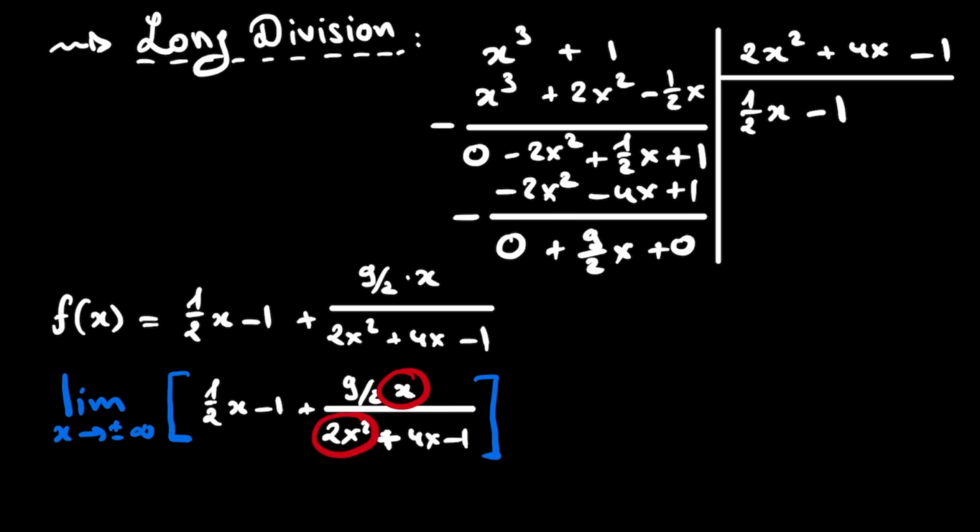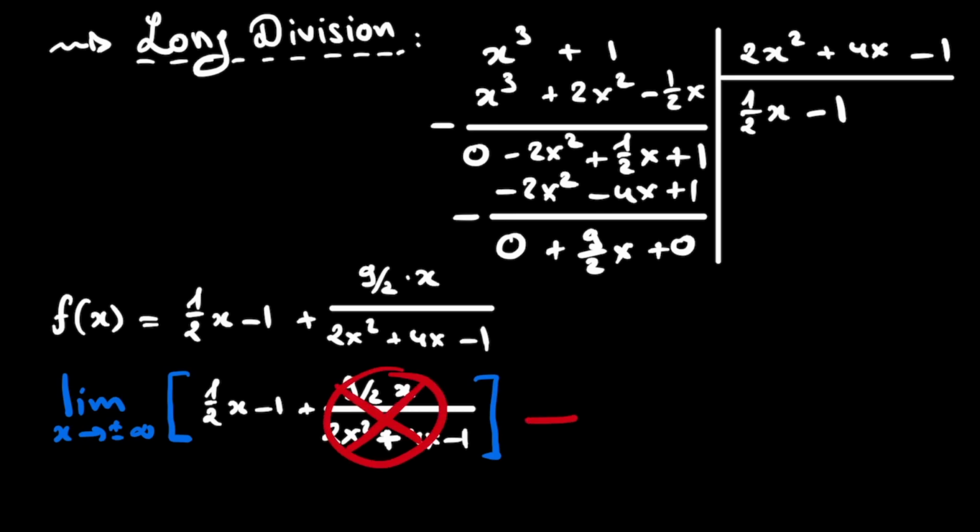Now, if x becomes very, very large, we know that both numerator and denominator become very, very large. However, since this is an x squared, it becomes large much faster, which means that this denominator becomes much larger than the numerator, which means that in the limit, this term simply becomes 0.